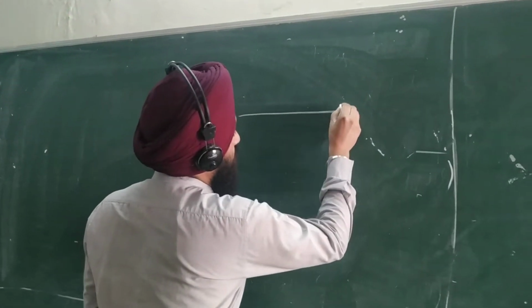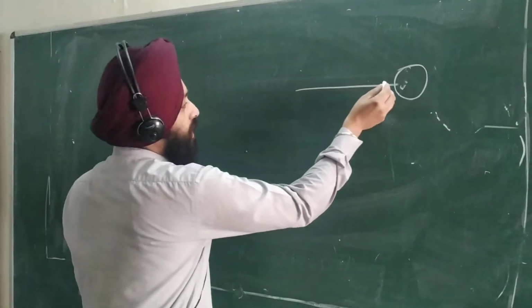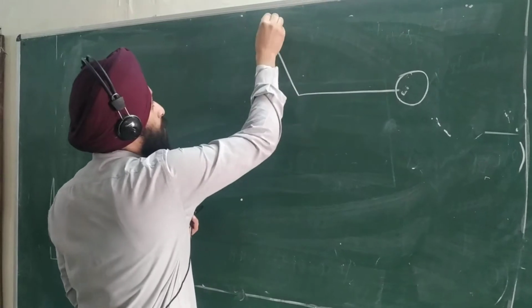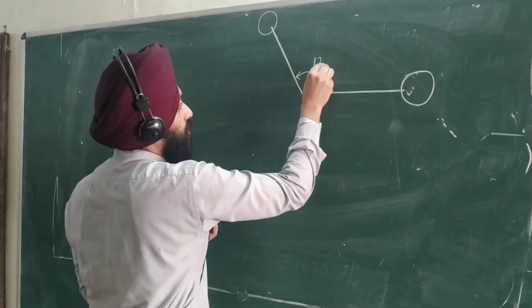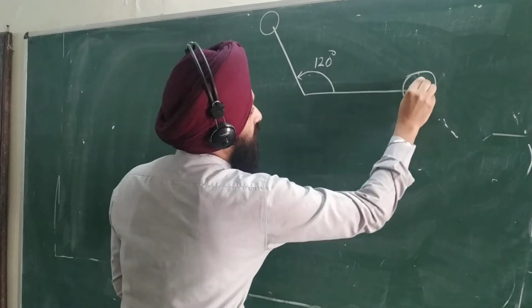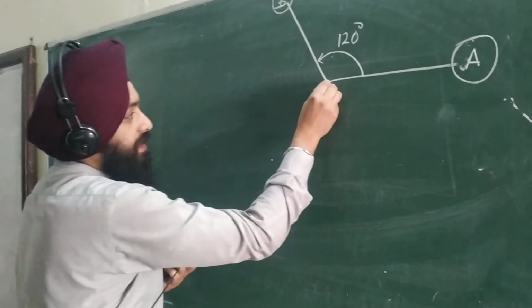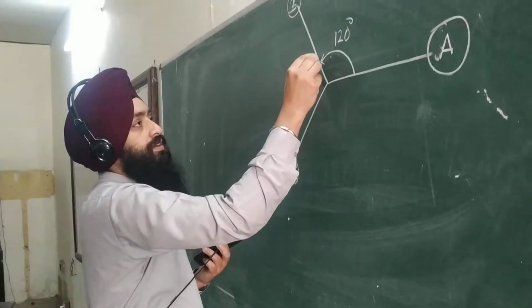So let us assume the first mass is acting in the horizontal direction. The angle between the first mass and second mass is 120 degrees. Let the first mass be A, the second mass B, and the angle between the second and third mass is again 120 degrees.